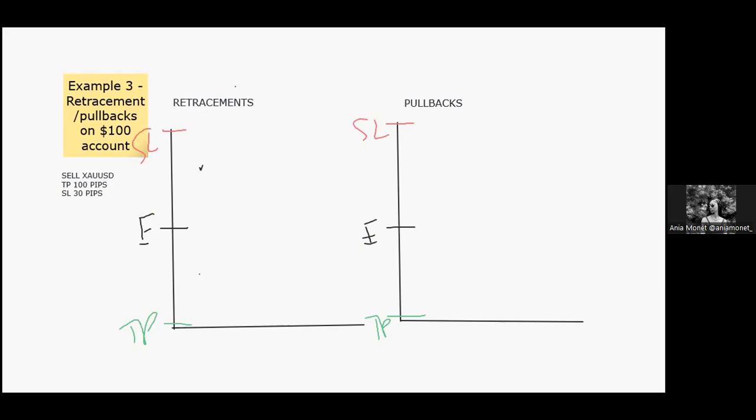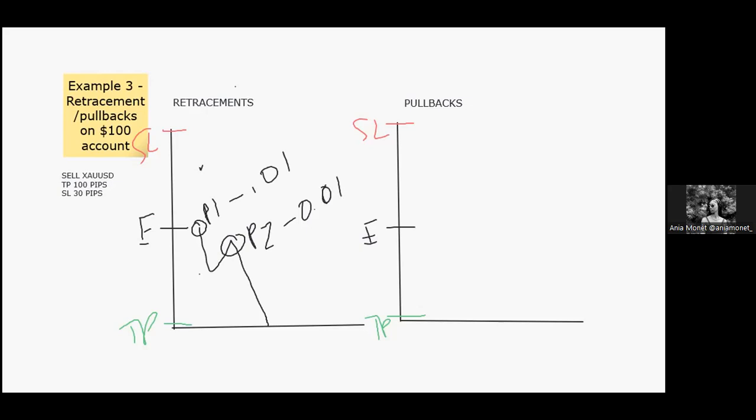For our retracement, let's say that I pop my initial entry right here and price starts going down, but then it retraces a little bit and then it goes down. What you could do is capitalize off of this retracement right here. If your initial one was your first position, right? You put that 1 cent. Your second position, you can add another 1 cent, right?